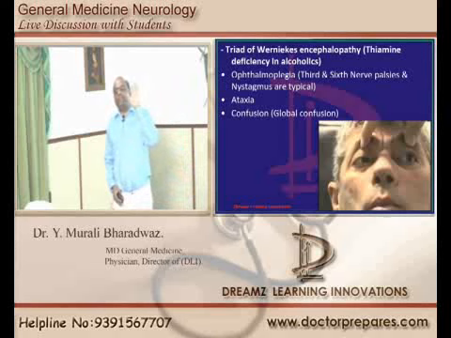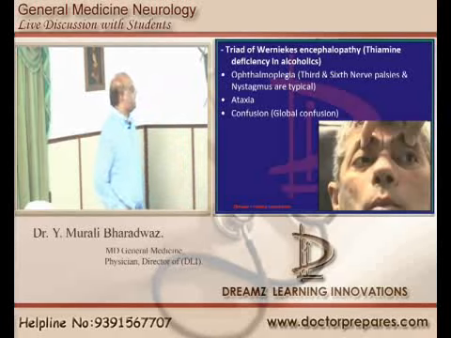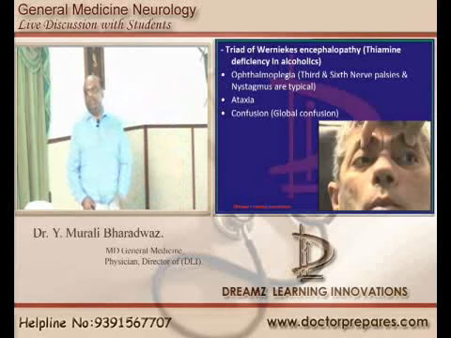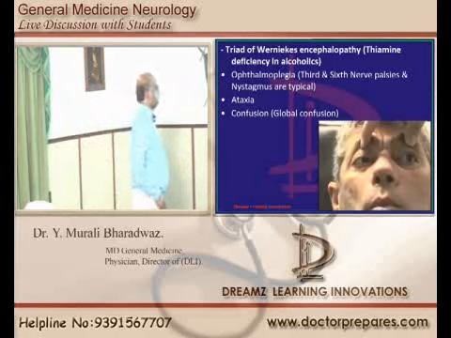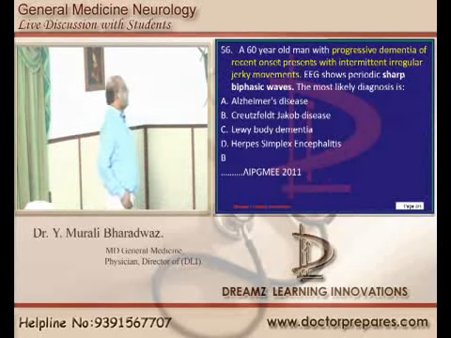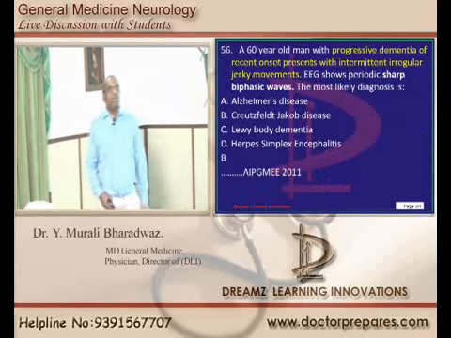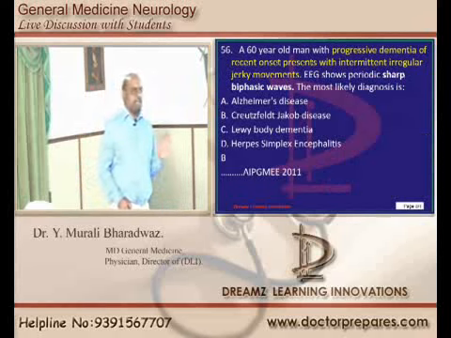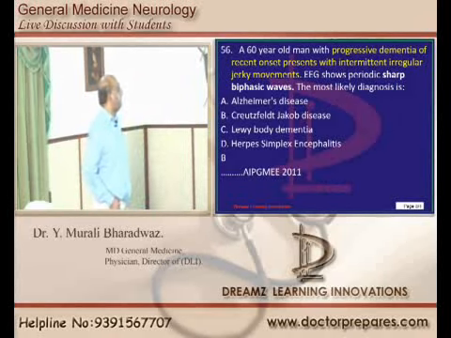Now what is the triad of clinical features which you see in Wernicke's encephalopathy? Ophthalmoplegia, ataxia and confusion are the 3 features which constitute Wernicke's encephalopathy. A 60-year-old is having progressive dementia with sharp biphasic waves. So now you know how important EEG is for the examiner. All India 2011 question.